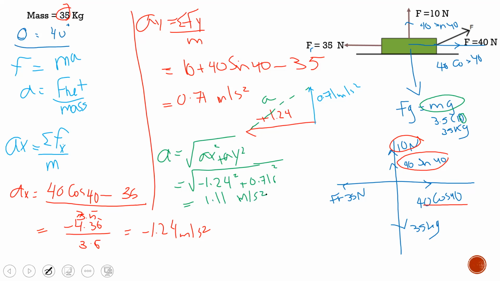So it is 1.11 meter per second squared. This is the resultant acceleration. Now let's find the angle.